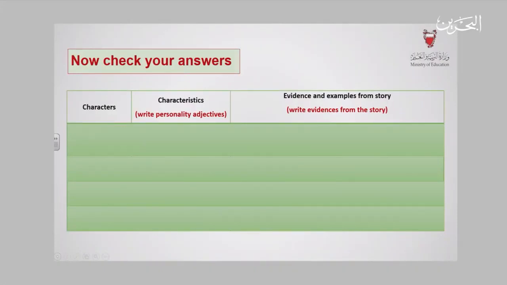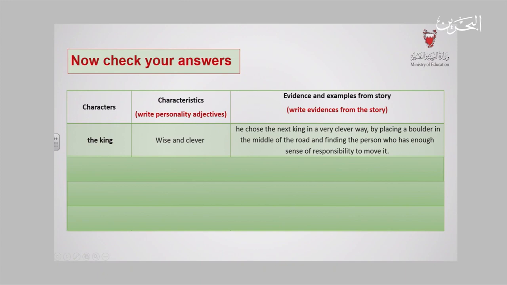And I want you to also provide evidence with an example from the story if you can recall. For example, the king, wise and clever. He chose the next king in a very clever way by placing a boulder in the middle of the road and finding the person who has enough sense of responsibility to move it.